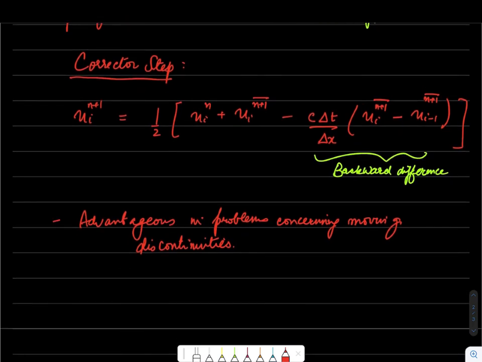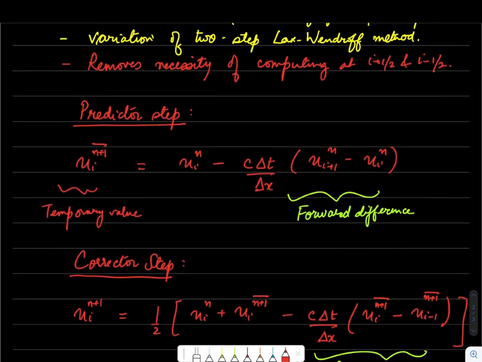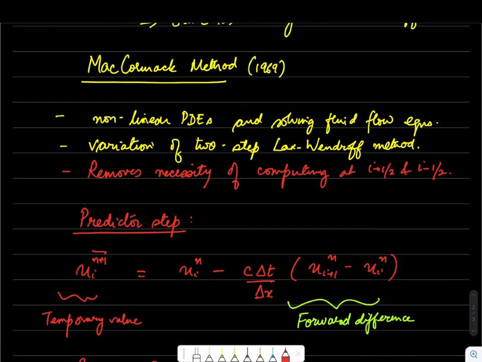If you combine the corrector and predictor step, you will again recover the original Lax-Wendroff scheme, and hence the truncation error is also order Δt² Δx². But one of the main advantages of MacCormack, as I was saying, is that it provides good resolution at discontinuities.